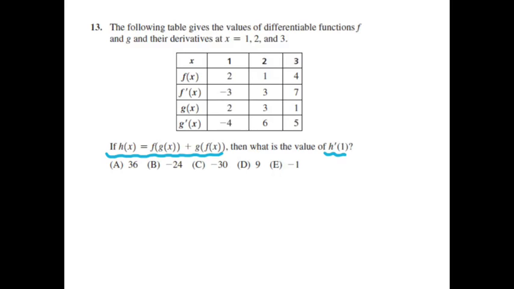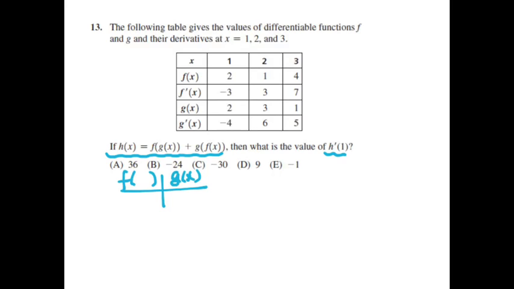So the first thing we need to do is find a derivative. If you look at our function here, f of g of x, that's a composite function. The function g is inside f, and we need to use the chain rule. So for that first part, I have f of something, and that something is g of x.